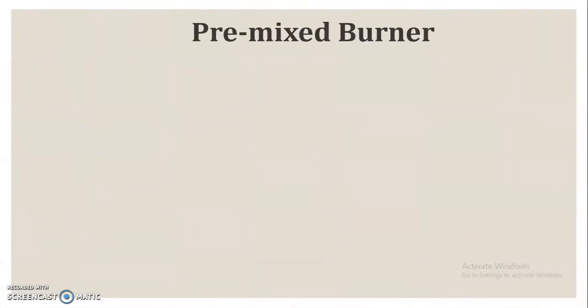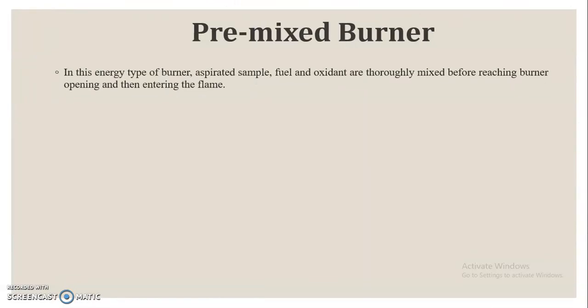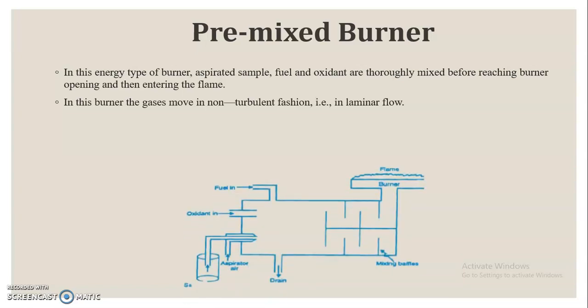Then the next type of burner that is used in atomic absorption spectroscopy is the premixed burner. In this type of burner, the aspirated sample, fuel and oxidant are mixed before reaching the burner. In this burner, the gases move in a non-turbulent fashion, that is, laminar flow is obtained.